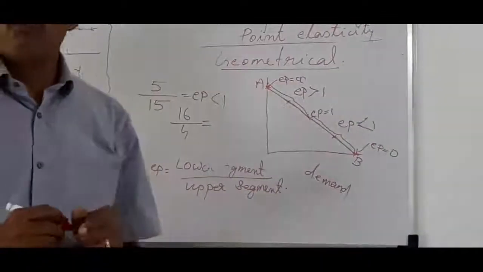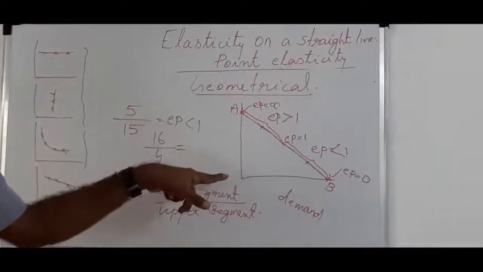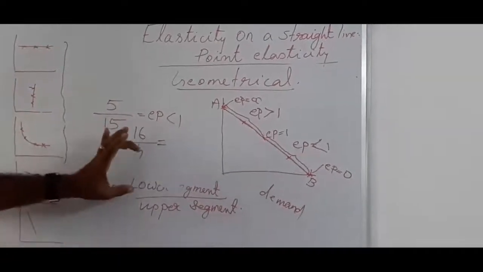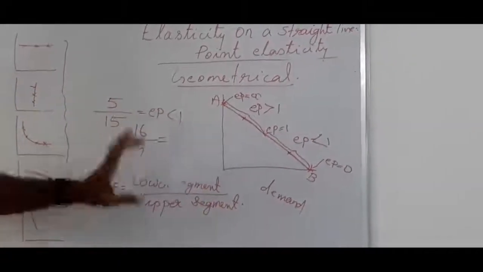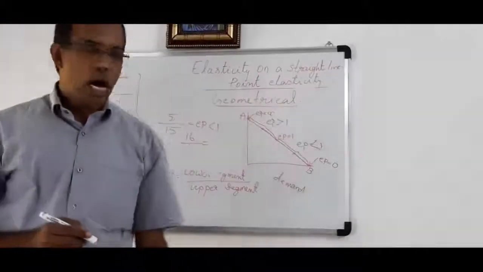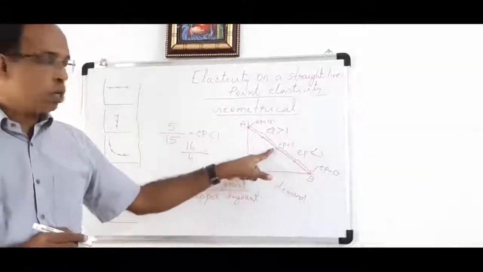So these are the 5 measures of elasticity according to the geometrical method. That is, the ratio of lower segment and upper segment gives the value of elasticity. And there are 5 measures. At the midpoint, elasticity is equal to 1.